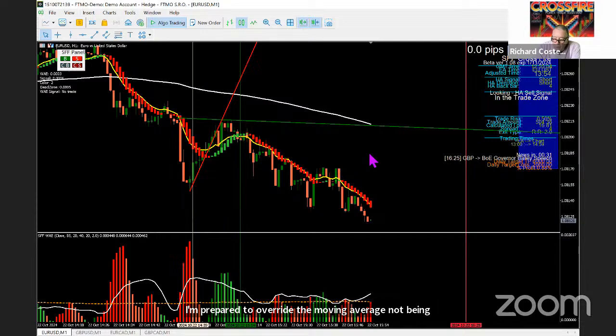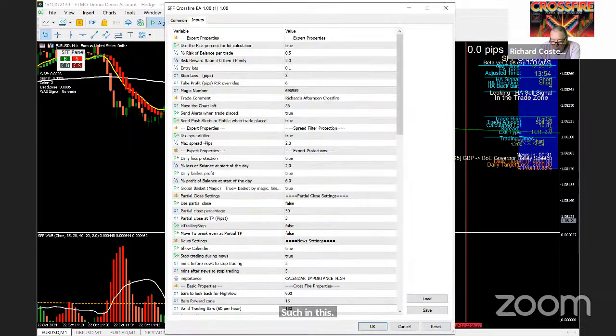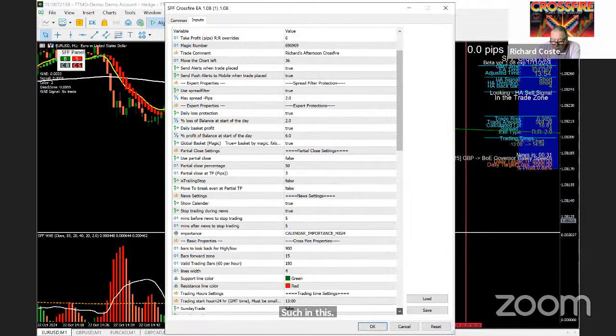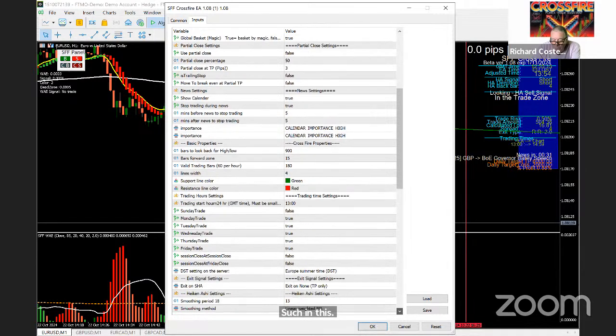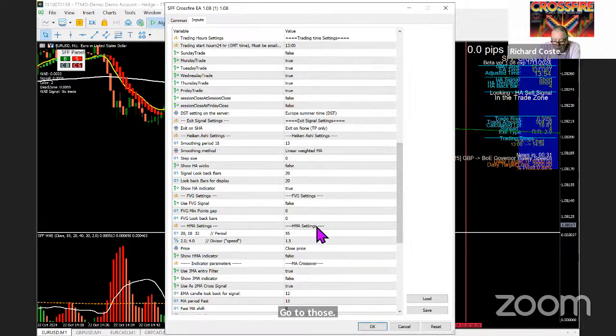Let me go back to the final settings. So we've already done those. I've got to ignore the HMA, that's the Hull moving average.